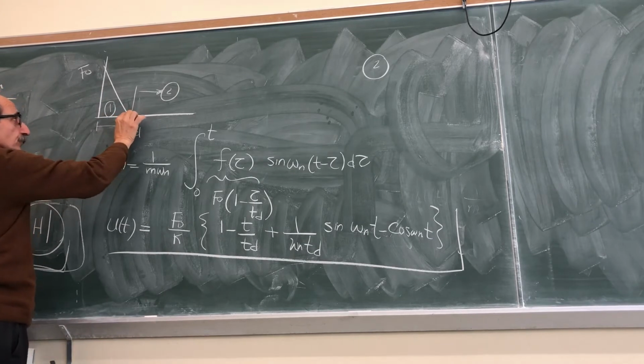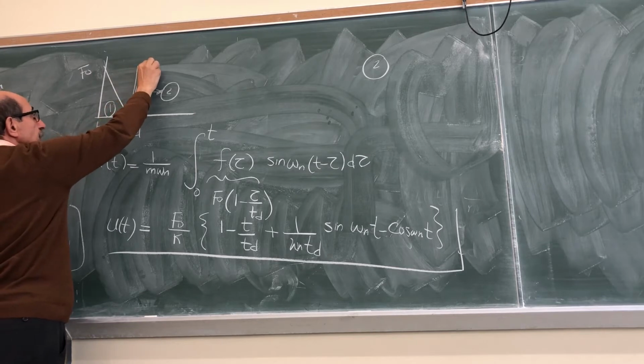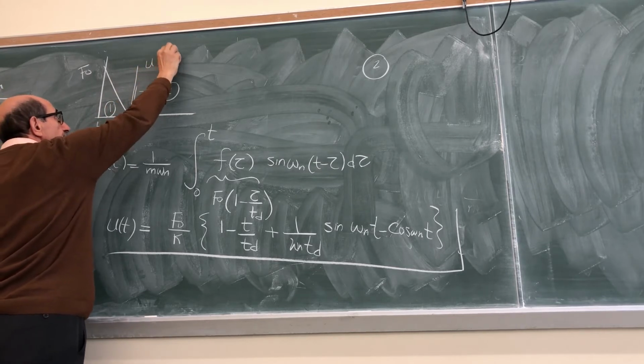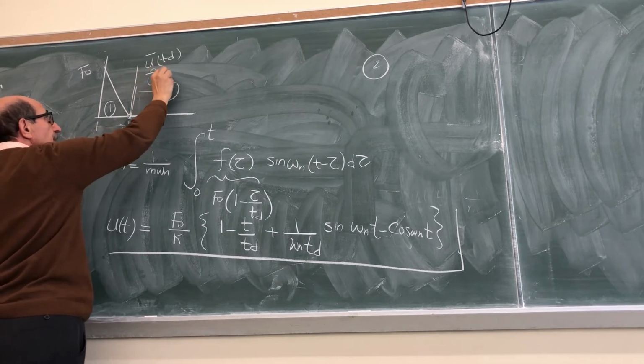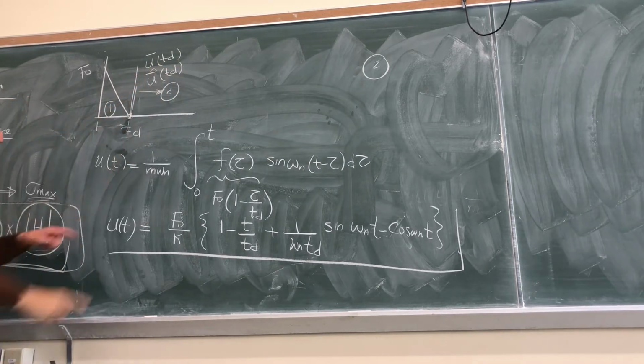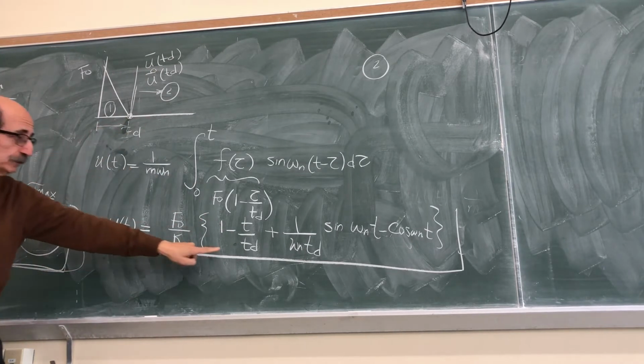Those initial conditions are that at this point you have a displacement and a velocity value that you find by substituting t equal to td into here.